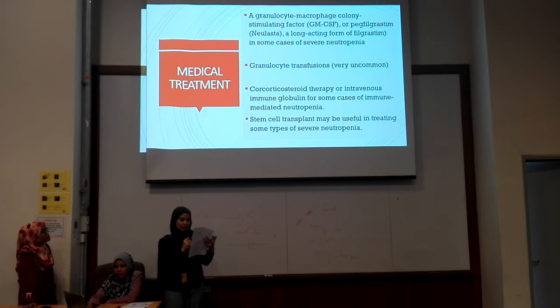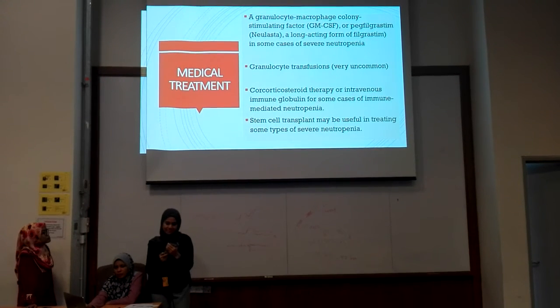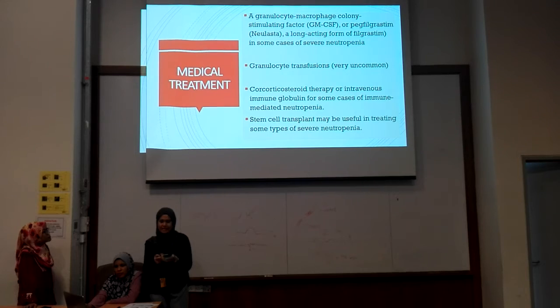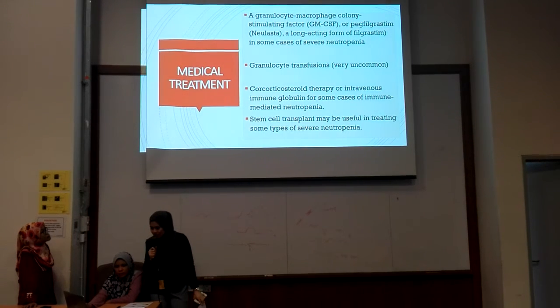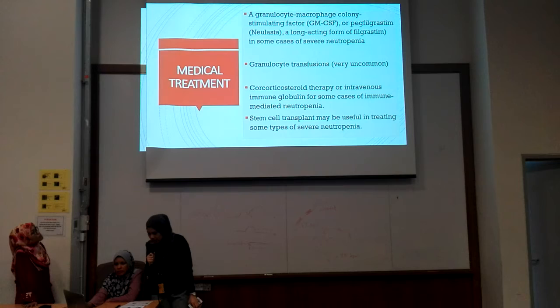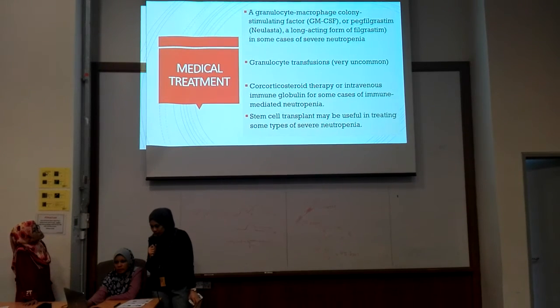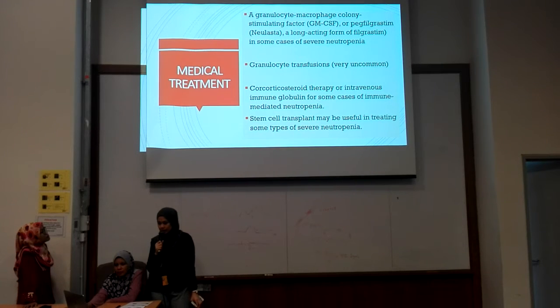Okay, this kind of G-CSF is granulocyte macrophage colony stimulating factor, GM-CSF, or pegfilgrastim Neulasta, a long-acting form of filgrastim in some cases of severe neutropenia.